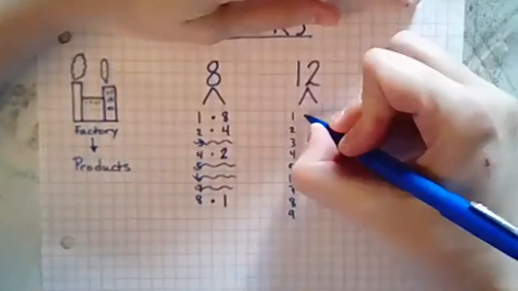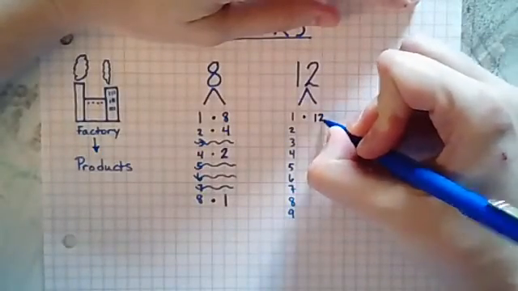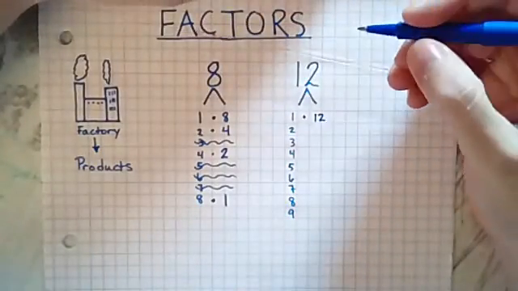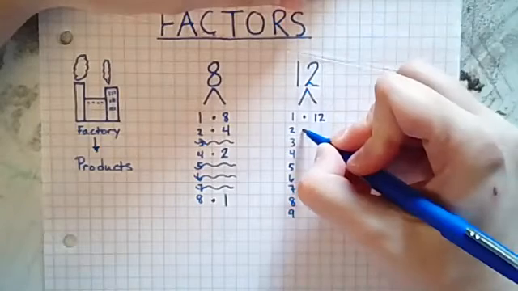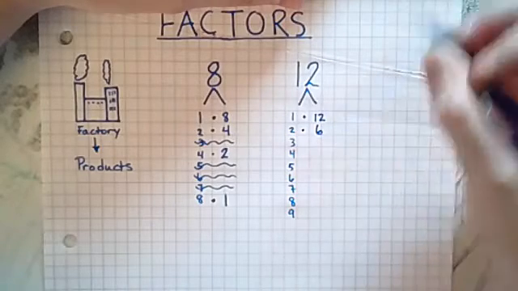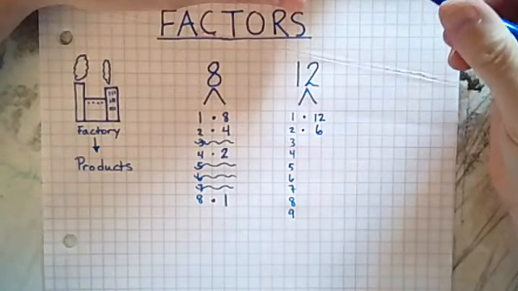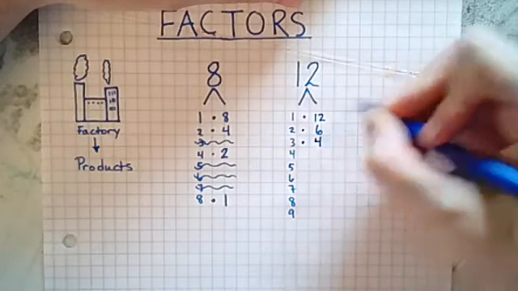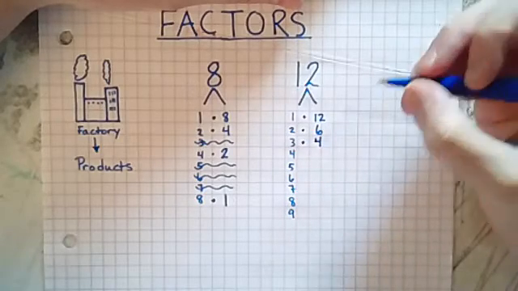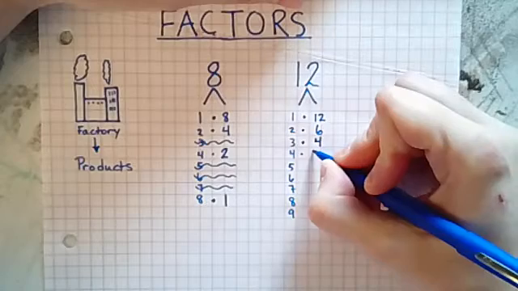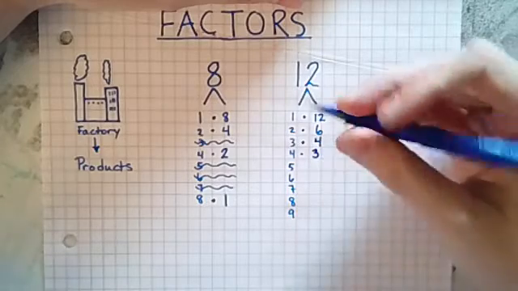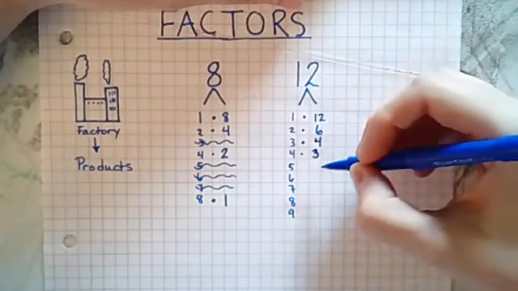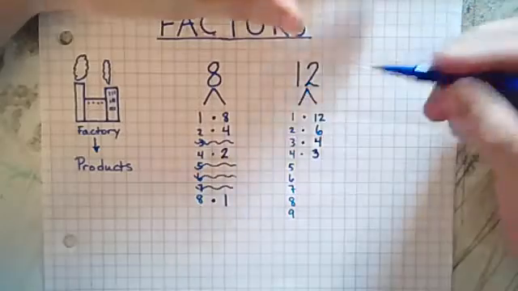So 1 times 12 is 12. What can I multiply by 2 to get 12? Yes, 6. Now, what can I multiply 3 by to get 12? 4. Good job. What would I multiply by 4 to get 12? That's right, it's 3. That's what property? Commutative. Very good.